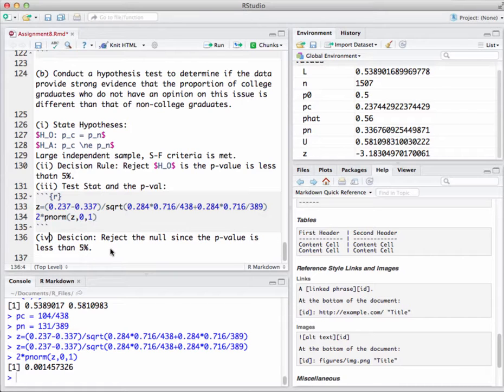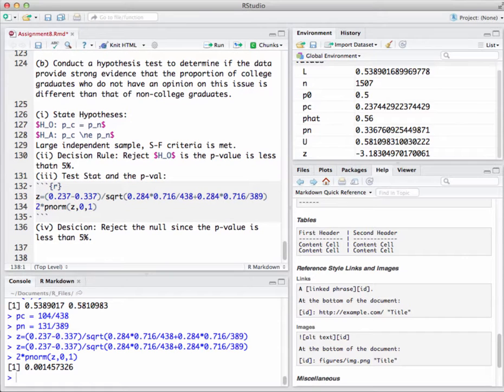So step 5 means what? What are we doing now? Well, we've got to actually tell them what all this meant. How do we interpret this in terms of the actual test?